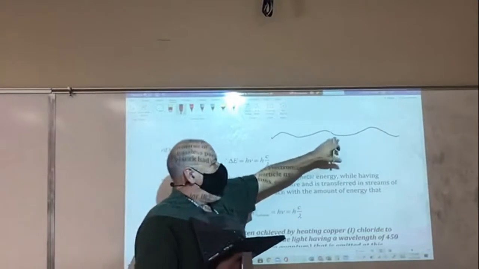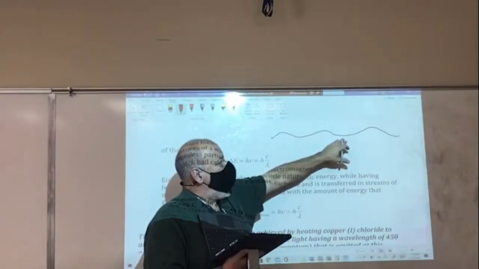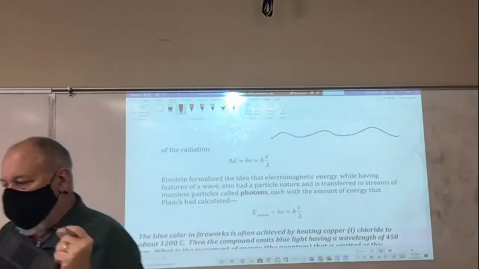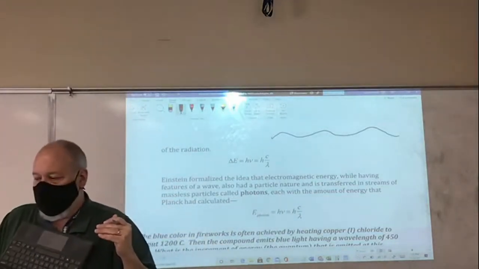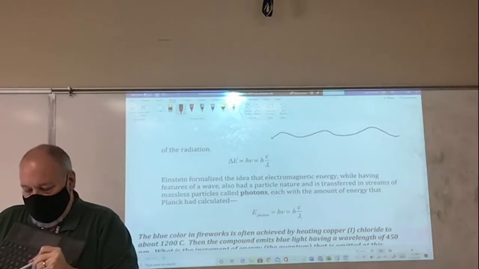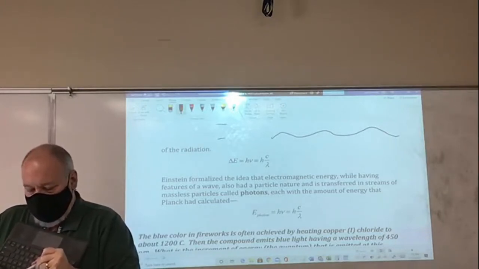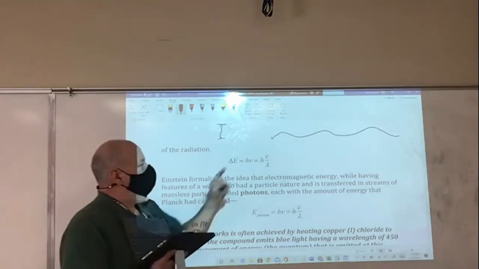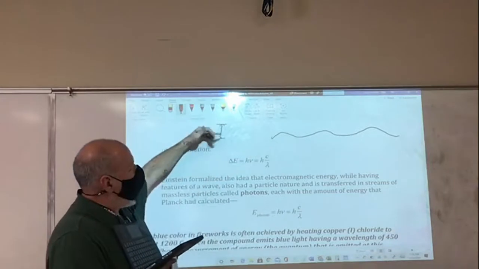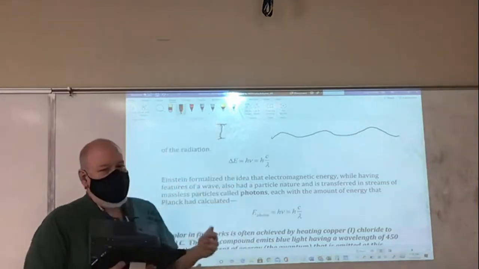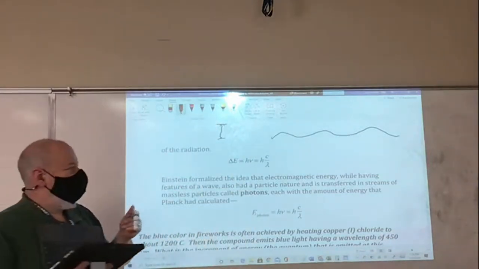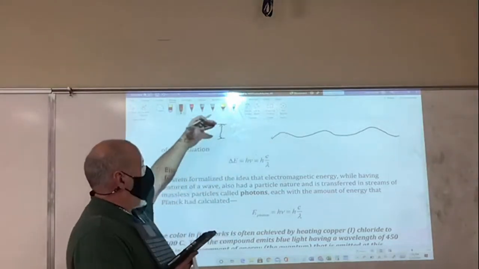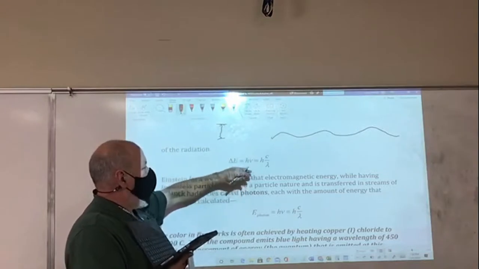Remember, this wave is not going to transfer its energy unless it hits something where an electron can be raised by that certain amount. If it hits something where that amount of energy is not allowed, it'll just pass on through it. It won't do anything. But we have lots of targets, so it's not as dire as it sounds.